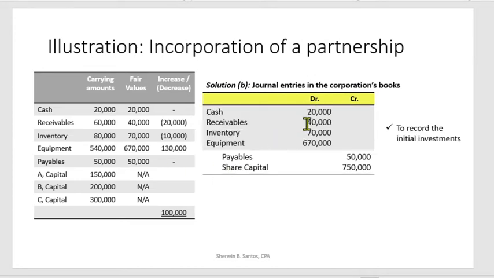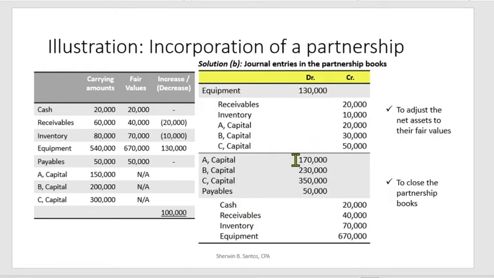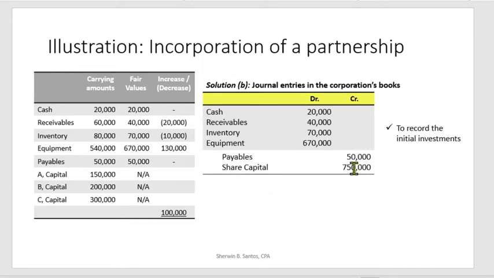So, debit cash, receivables, inventory, equipment, 20, 40, 70, 670, and then payables, 50,000, and credit yung share capital. So, share capital, pag samasamahin mo, 170, 230, and 350, share capital na lang ang account title niyan at 750,000. So, this is the recording of the initial investments to the corporation.